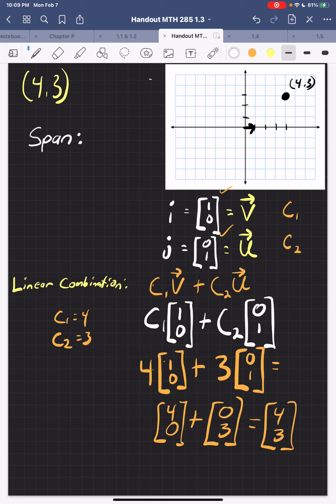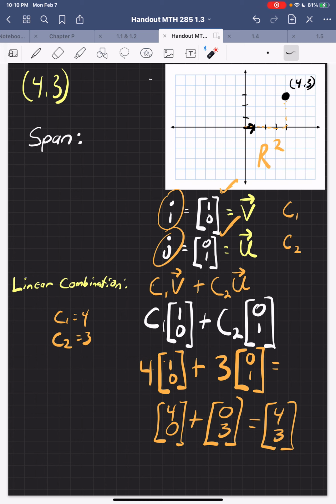Now, we like i and j, this (1, 0), (0, 1), because it allows us to plot points over 4, up 3, and the linear combination allows us to reach any point in all of R2. But we'll have to come back to this in another video.